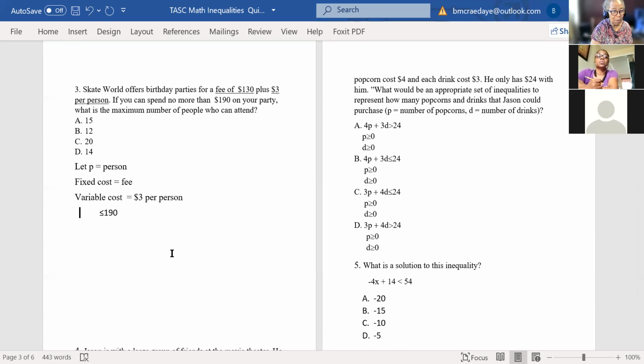So person is what variable? $3 is the cost per person, but P is the variable we're using for the number of people that can attend. So the $3 is multiplied by what variable? By the amount of persons attending. We said that was P. So what would it be then?